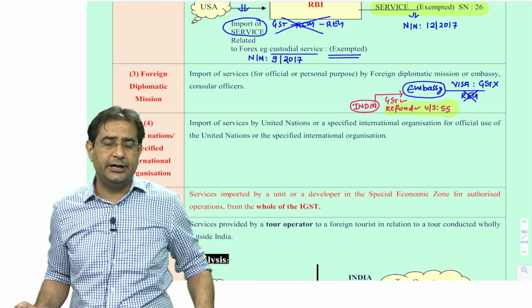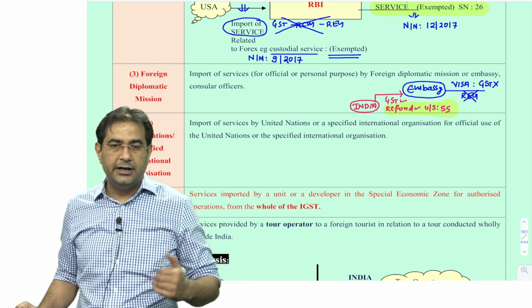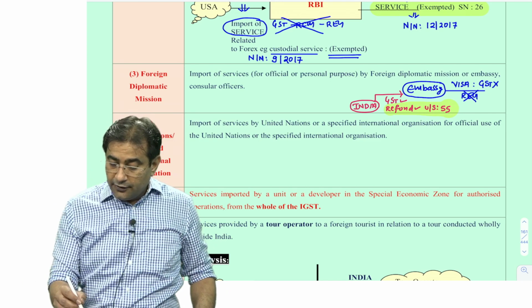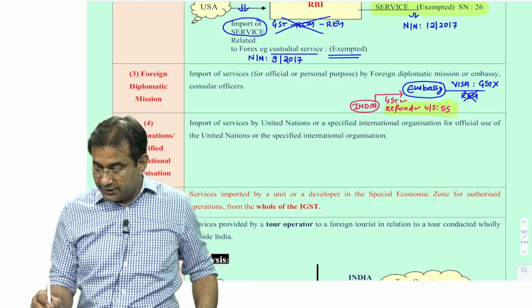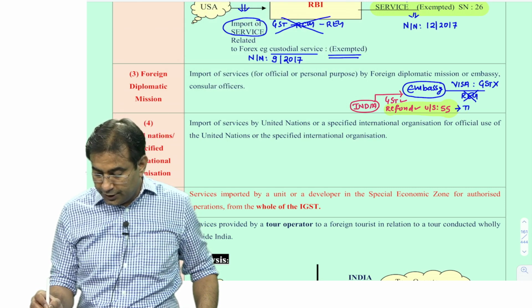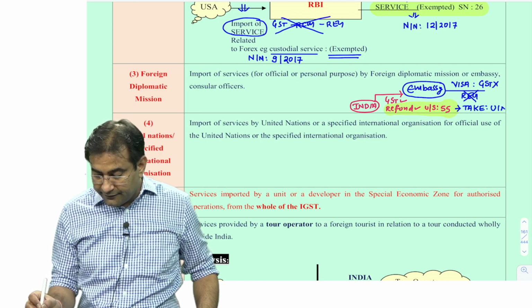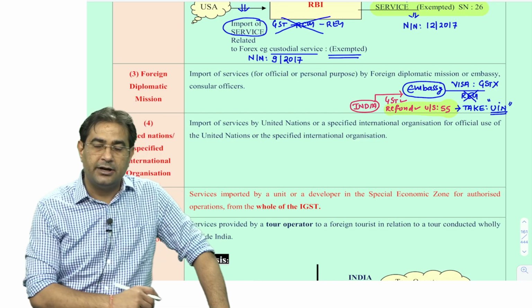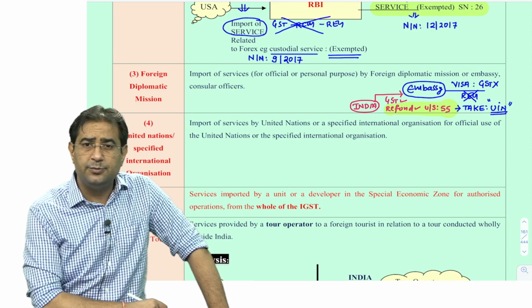So ultimately such GST on inward supply never becomes a part of the cost of the embassy, and for this purpose, because the embassy needs to claim refund of the GST, it needs to take UIN, unique identification number, and on the basis of the unique identification number, the embassy is not called a registered person.